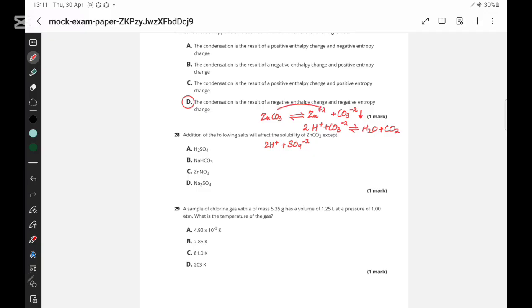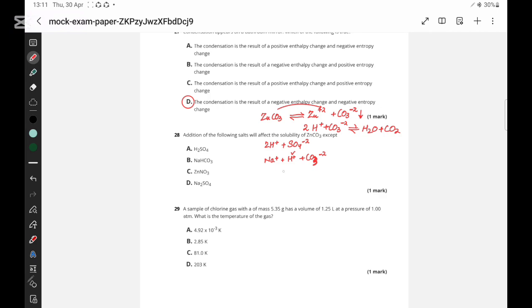For HCO3, we know that it is going to have sodium ion plus hydrogen ion plus carbonate ion. So it would definitely affect the solubility, as it has hydrogen ion which can again react with carbonate ion.